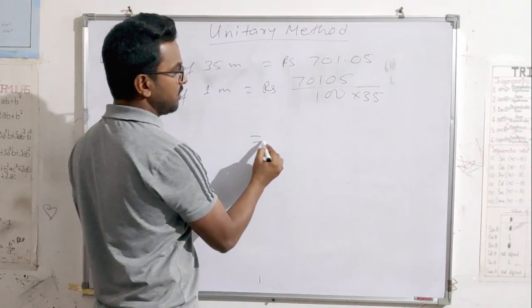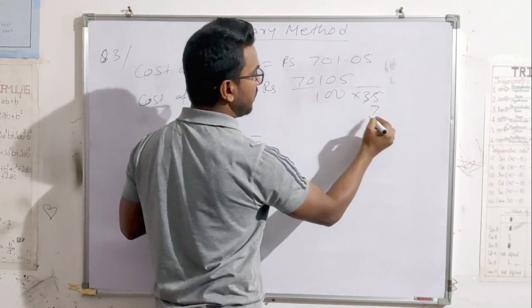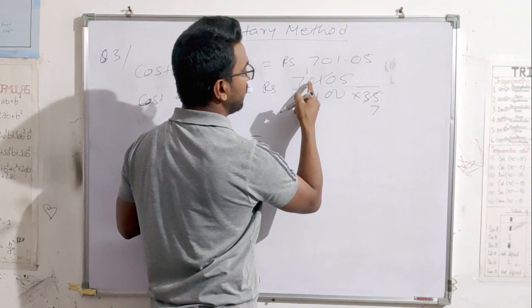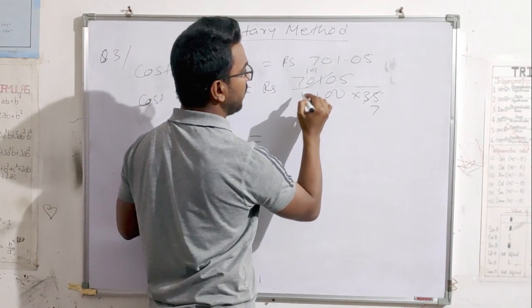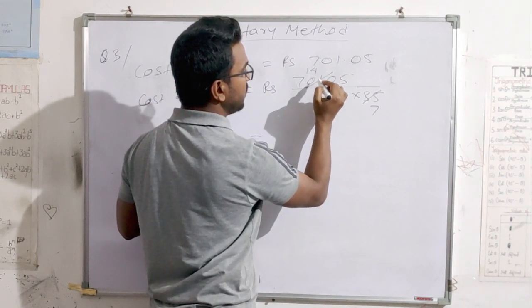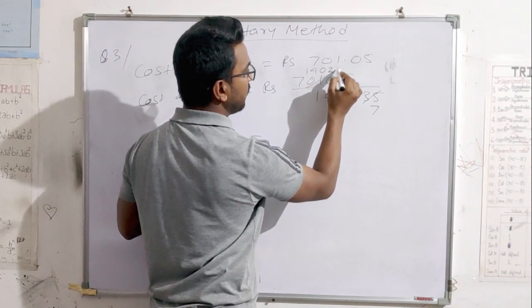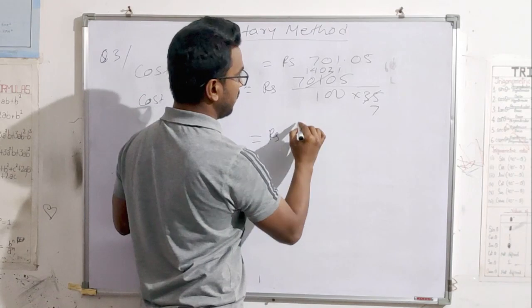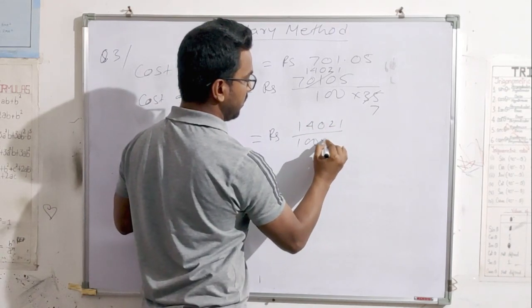Can we cancel? Yes. 5 sevens are 35, 5 ones are 5, this will be 20. 5 fours are 20, 0. 5 twos are 10, 5 ones are 5. Okay, so we are getting 14021 divided by 100 into 7.